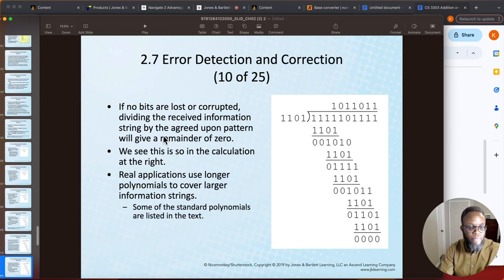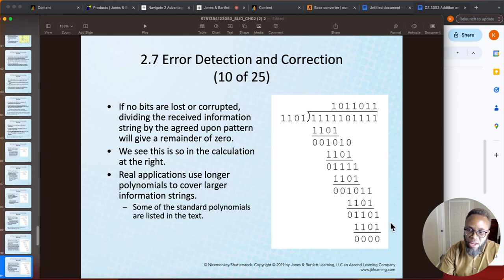So if no bits are lost or corrupted, dividing the received information string by the agreed upon pattern would give a remainder of 0, right? For example, if this was the data that was transmitted, and this bit pattern 1101 was the CRC data appended to the end of the message, the way the algorithm works is that you just start dividing the information bits by the CRC bits.